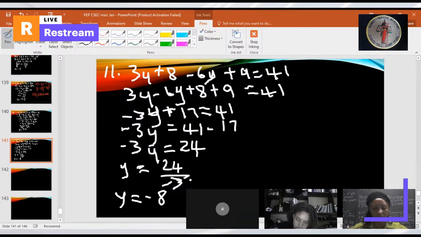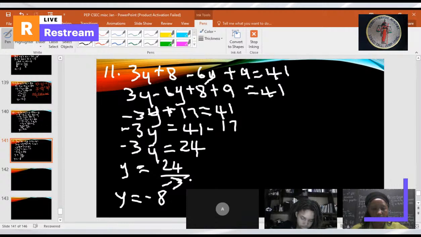Negative 8 times negative 6 is positive 48 plus 17, so equals 41. So 48 plus 17 would give us 65. So it would be negative 24 plus 65 equals 41.